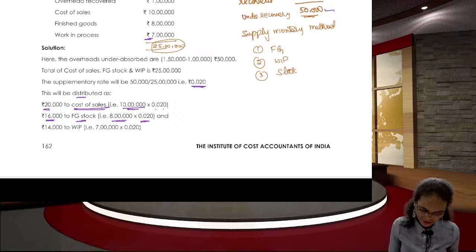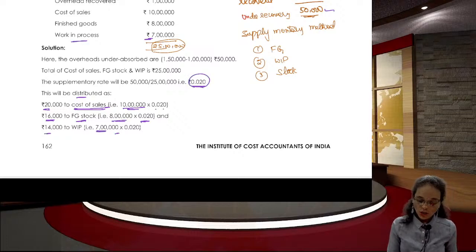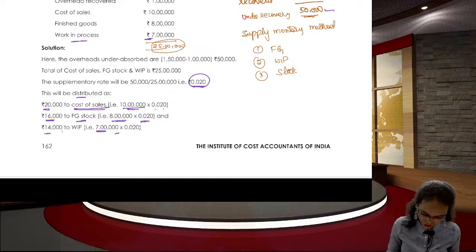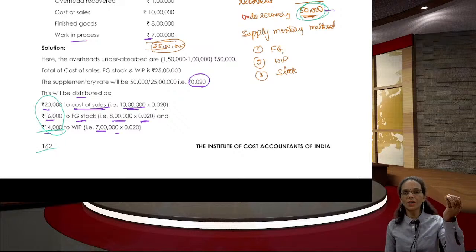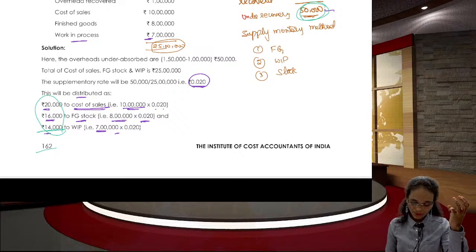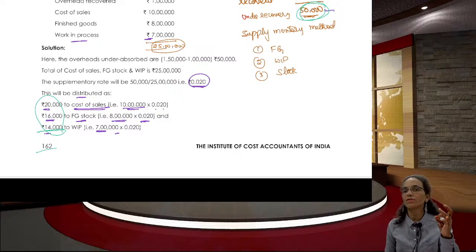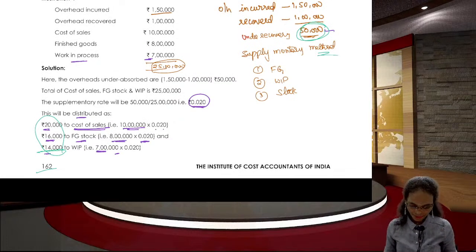And for work in progress, 7 lakhs into 0.02 is 14,000. Totally put together we should get the same 50,000 rupees. So we are recovering one from cost of goods sold, another from finished goods, and the third from work in progress. This is the treatment for under recovery, the supplementary recovery method.